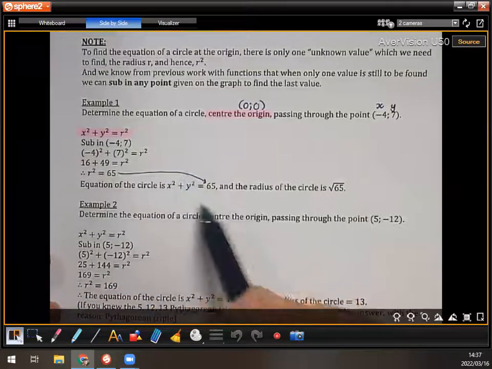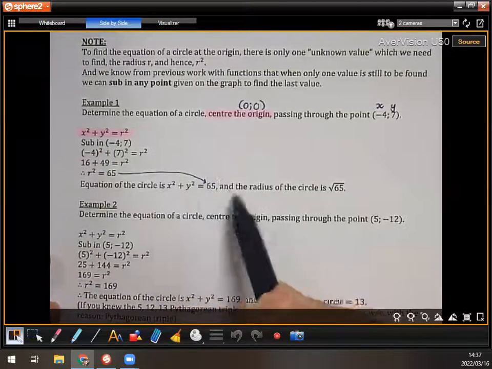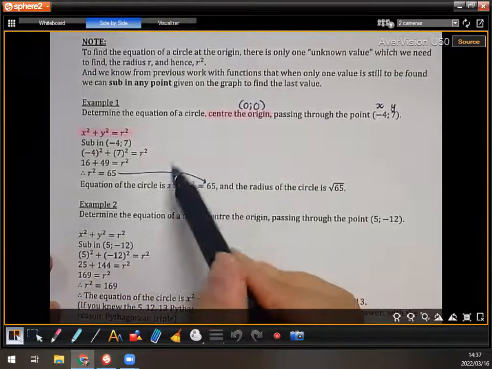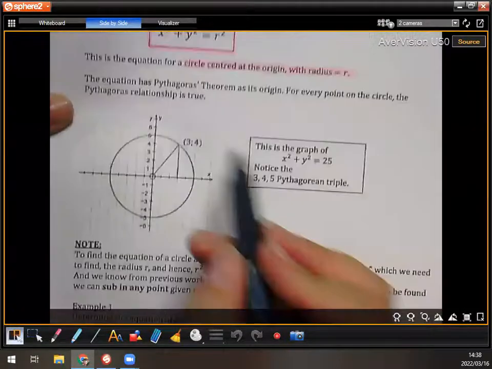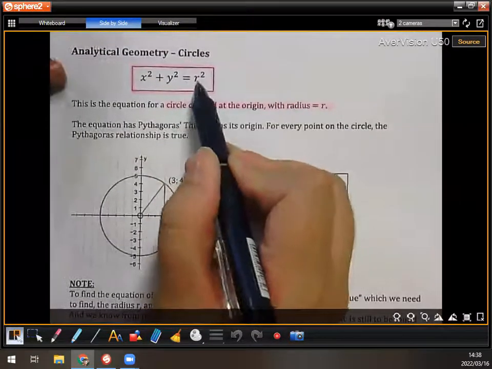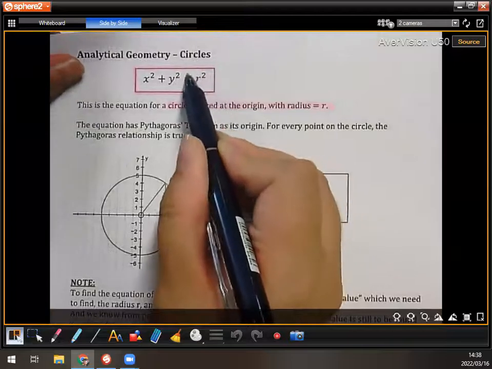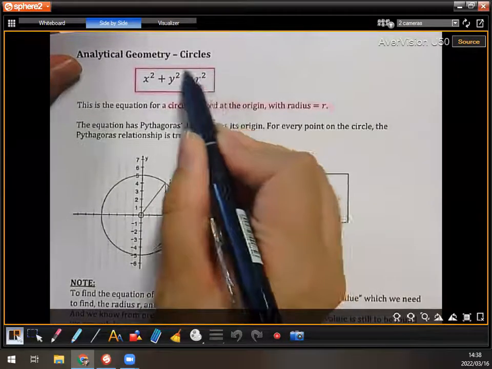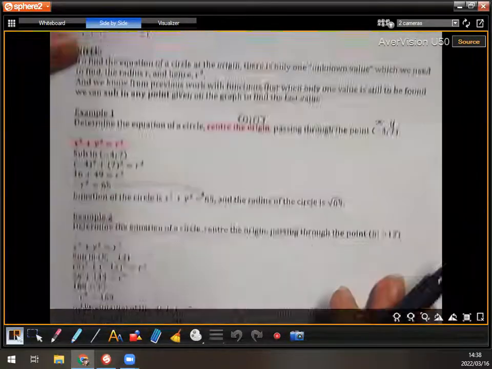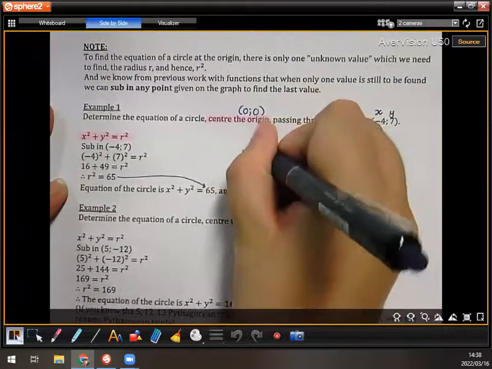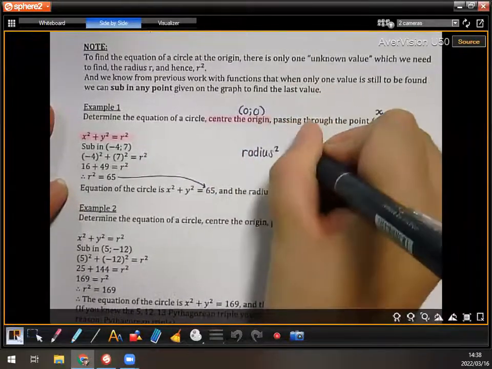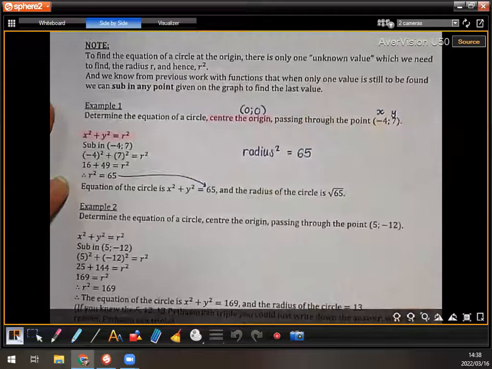All right, if we have this equation, x squared plus y squared equals 65, they can ask you what the radius is. Okay, now the formula is x squared plus y squared is the radius squared. That means that the radius squared is 65, right? You can obviously write that as r squared.